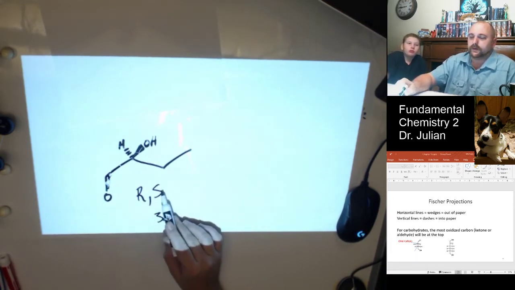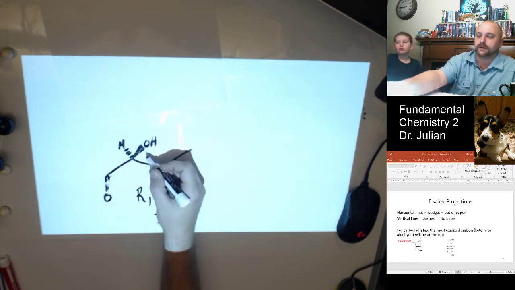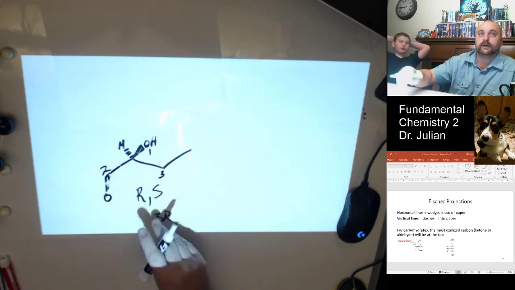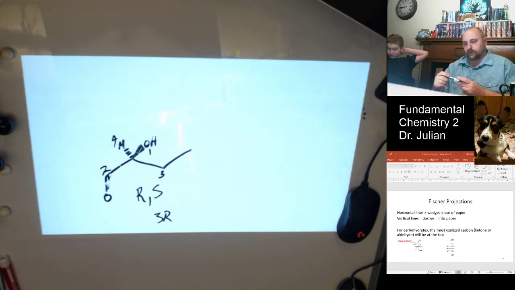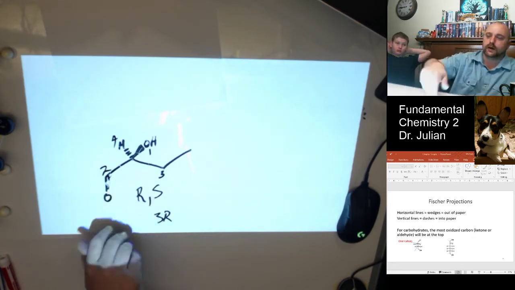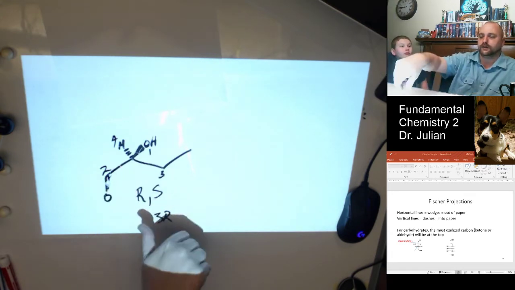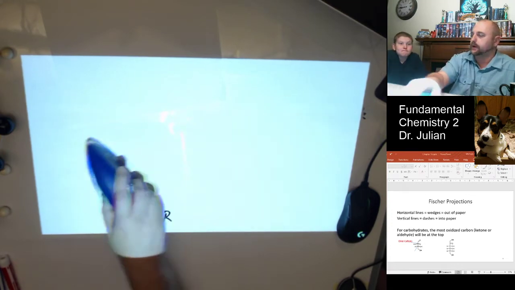And so this R and S is done by assigning each of these an order, and it's based off of their mass. And so they get a priority. And then you put the lowest priority away from you, and you would describe this one whether it was R, if it went right or left. So this one would be S. Okay? We are not going to worry about any of that.